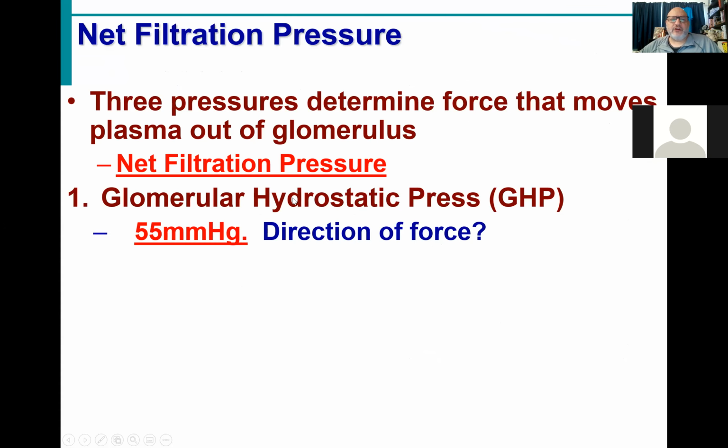Starting first with our glomerular hydrostatic pressure. Does anybody remember what we said the pressures were in a typical capillary way back in the cardiovascular system? We noticed we had 2, at the arterial end and at the venous end.